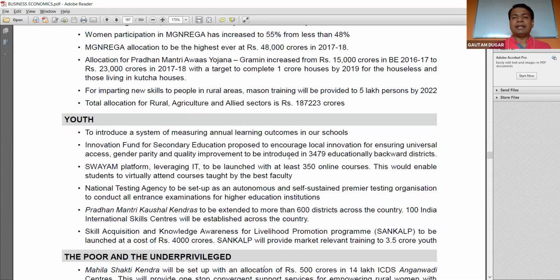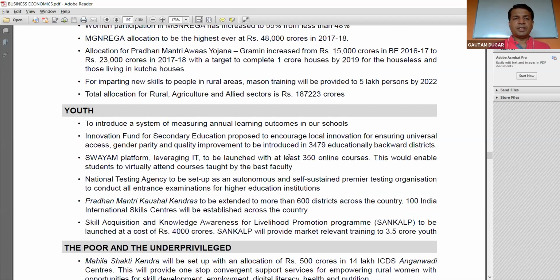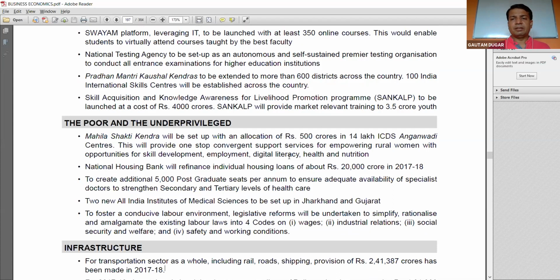Pradhan Mantri Kaushal Kendras are being set up under the PMKVY scheme. For the poor and underprivileged, the government has the Mahila Shakti Kendra and Anganwadi centers. The government has set these up for self-employment generation.